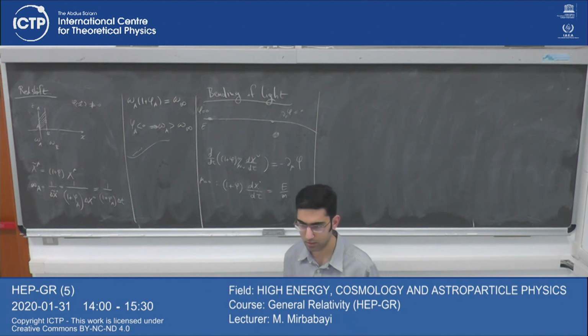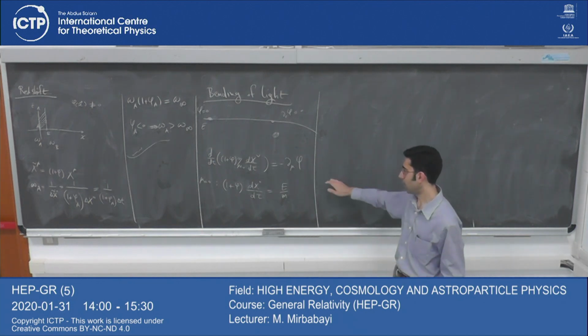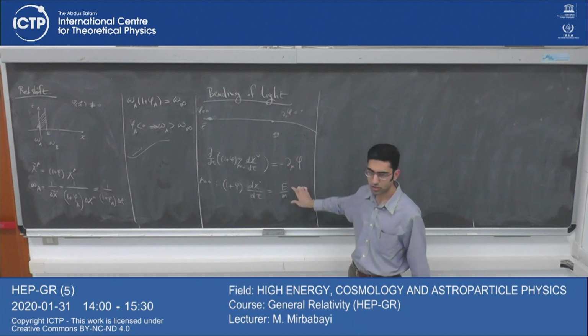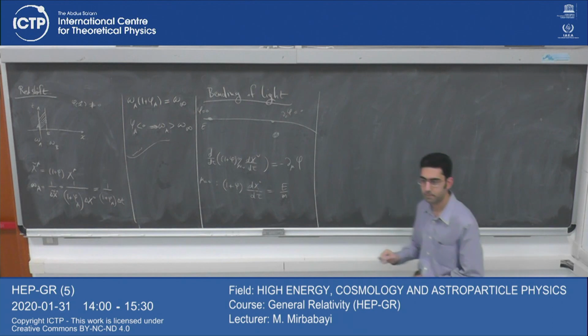In other words, take your massive particle to be ultra-relativistic. Then by continuity, whatever happens to that ultra-relativistic particle should be the same as what happens to light. So that's what we are going to do. We want to see how the trajectory depends on this ratio E over M.